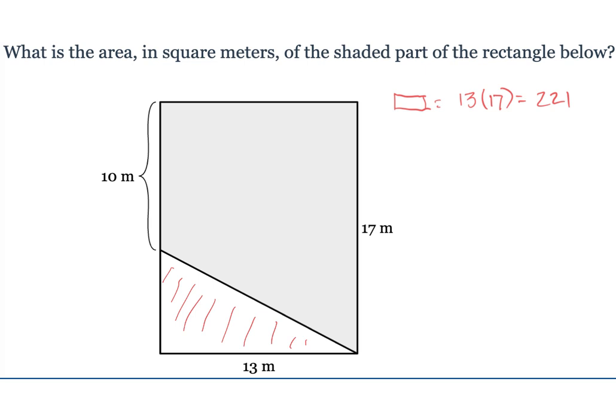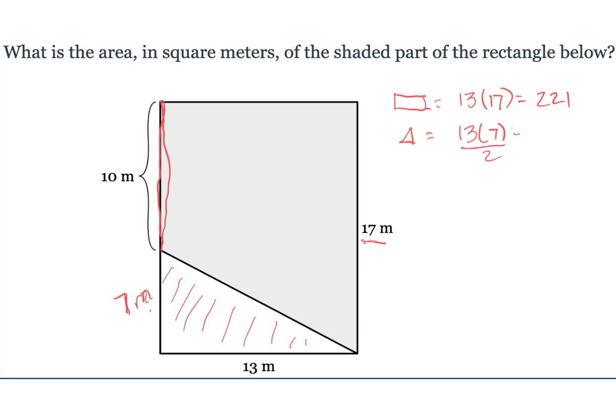Now, for the triangle, I know that the base is 13, but I'm not quite sure what this height is, except I do know that this part up here is 10, and the whole thing is 17. So that must mean that this little part right here where the height is going to be 7 meters. So put a 7 where the height goes.